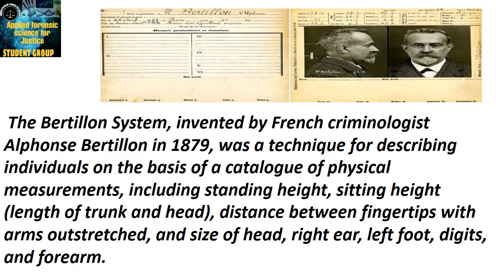Additional distinctive features such as eye color, scars, and deformities were noted. The system was used to identify criminals in the later years of the 19th century, but was soon displaced by more reliable and easily recorded fingerprints.